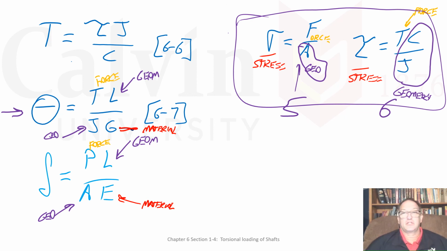So by looking at those equations that way, what you're seeing is you get this parallelism between deflection, radial deflection, twist, which is a result of a torque, and there's the parallel to the axial deflection, which is a function of that force. And then the longer that your part is, the more that it stretches, the more that it twists. The stiffer that your material is, that's in the denominator. The stiffer that it is, the less that it twists.